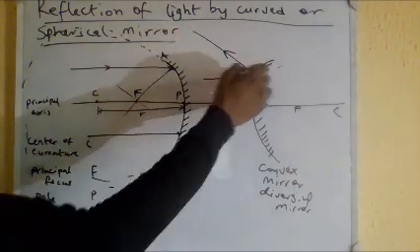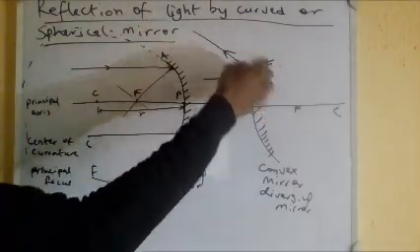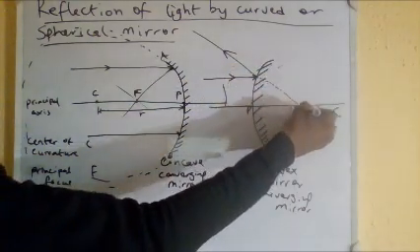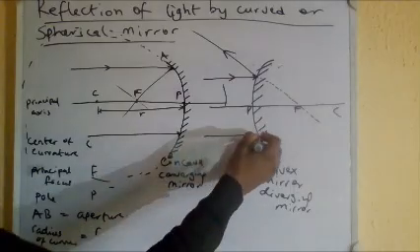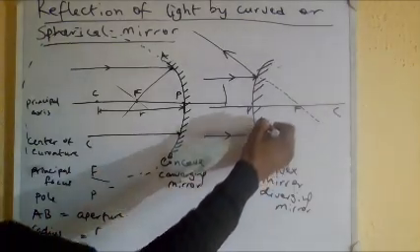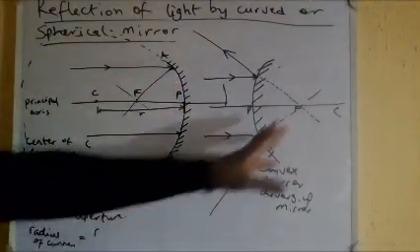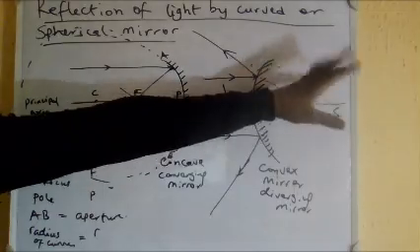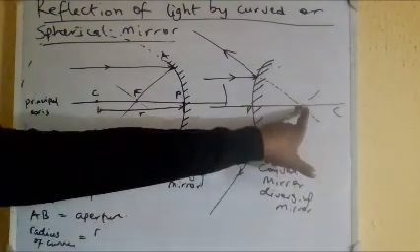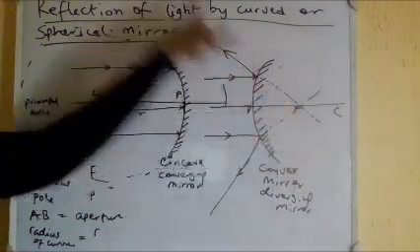So if a ray is like this, it reflects and there's divergence. But the divergence actually comes if you extrapolate this one down. I said that light follows a straight line. If another one comes like this and reflects, this is incident, it reflects out like this. It appears to come from this place. If you continue it, actually there's a virtual image formed here. So the principal focus for a diverging mirror is the point where rays parallel to the principal axis appear to diverge after reflection.